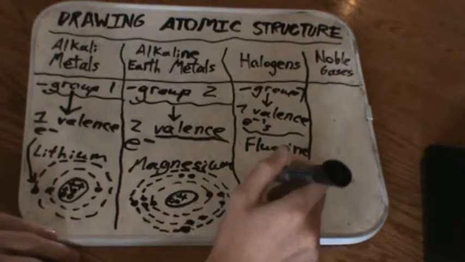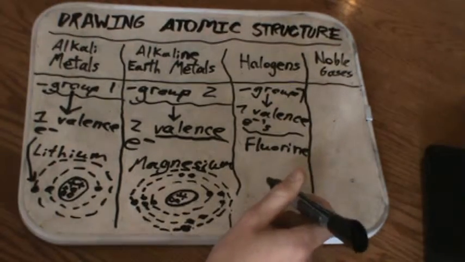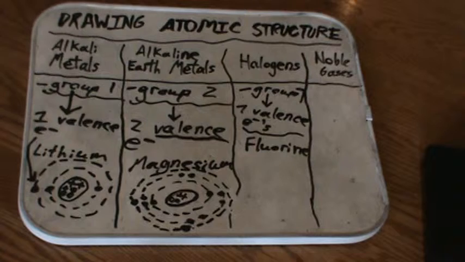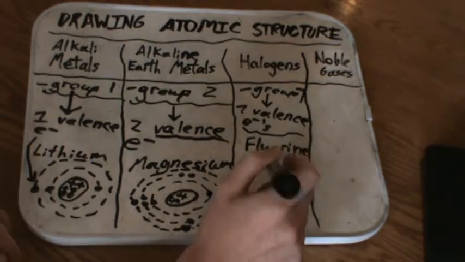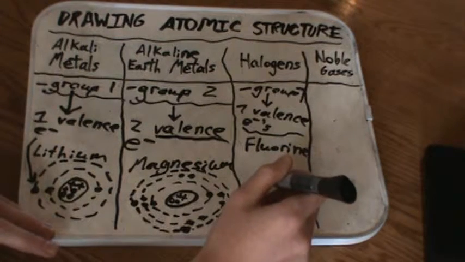And so let's draw the atomic structure of fluorine. So first thing that we always do, as I've been doing, is we are going to look at the period that fluorine is in. Fluorine is in the second period. So what this means is that there are 2 energy levels present in fluorine that contain electrons. So let's draw the fluorine nucleus.